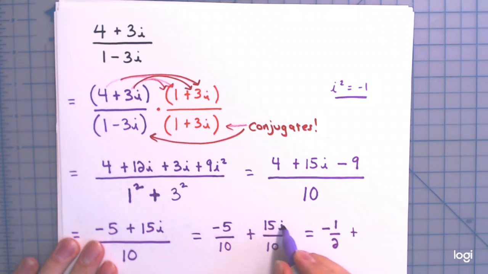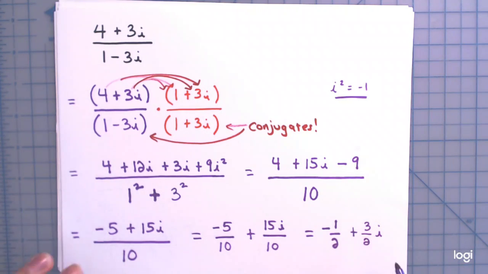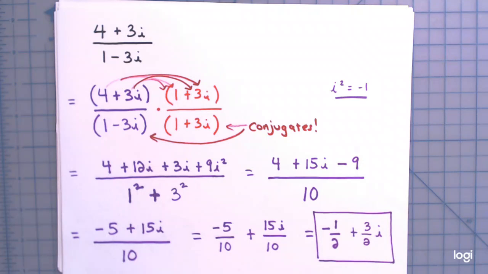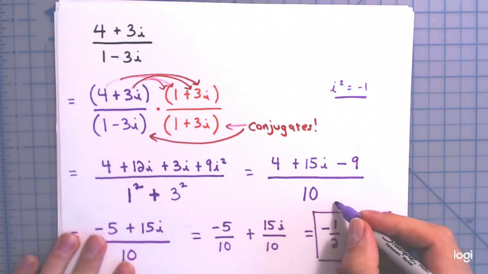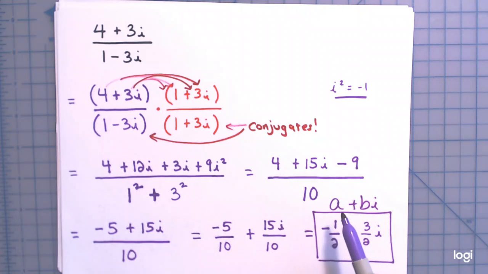So you can write 3i divided by 2, or just 3 halves, 3 over 2 times i. Same thing. And here we go, the final result of our division, written in that standard a plus bi form, where a is negative 1/2 and b is positive 3 halves.